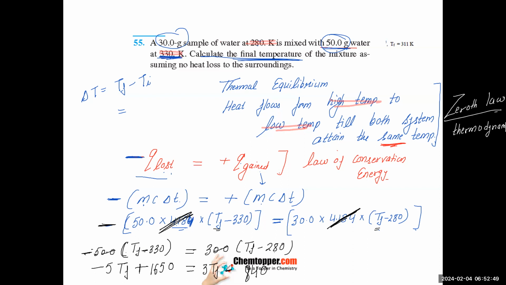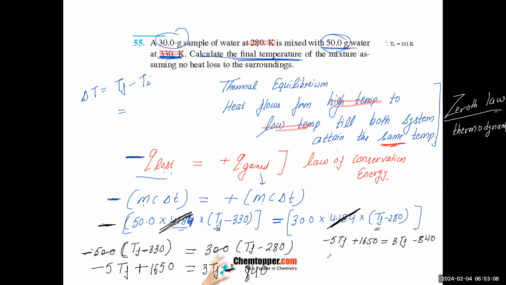Yes, thank you, 840. Now this is the equation. I'm rewriting the equation so that you can see it: minus 5TF plus 1650 is 3TF minus 840.